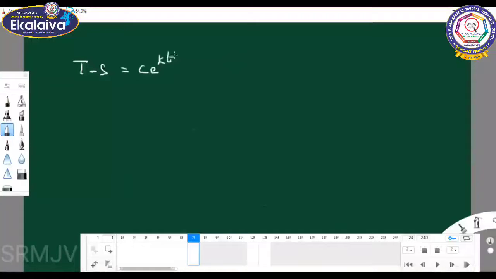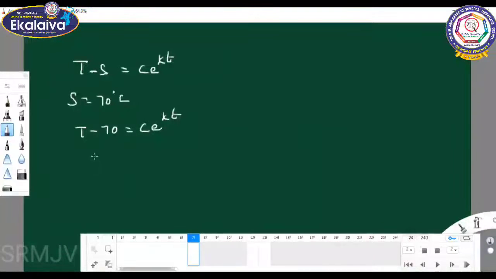What is the room temperature? Room temperature S equal to 70 degrees, they have given us. So T minus 70 equal to C e power kt.